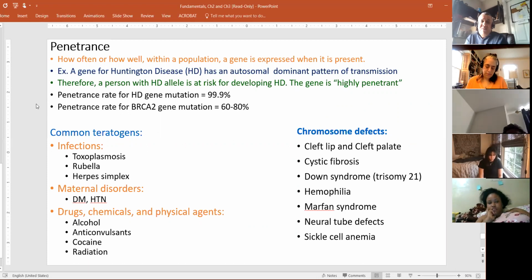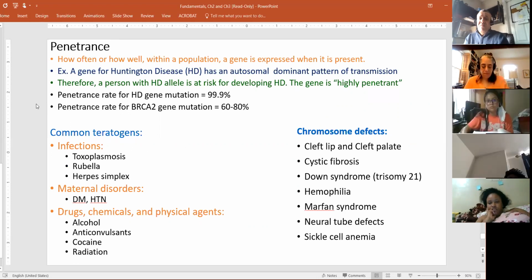On the other side, we have teratogens, which are factors that could result in the baby being born with these defects, like toxoplasmosis. Most of the time it results in stillbirth, which is a dead fetus due to toxoplasmosis.